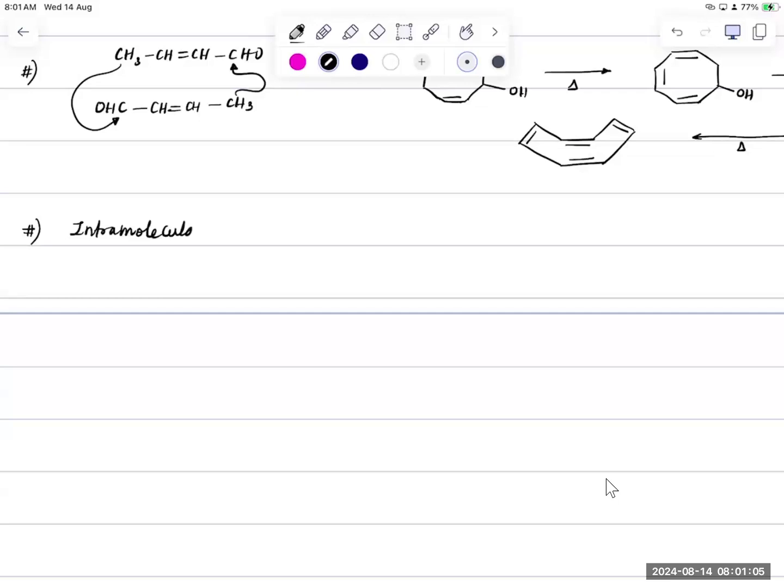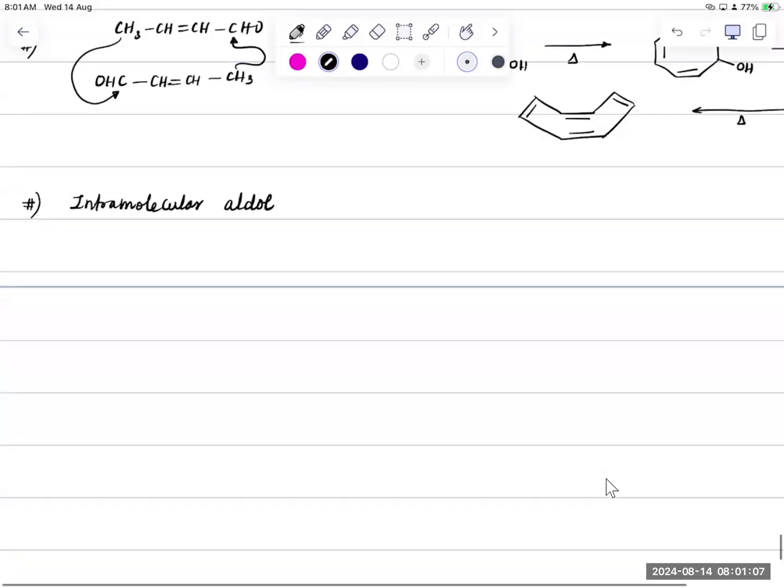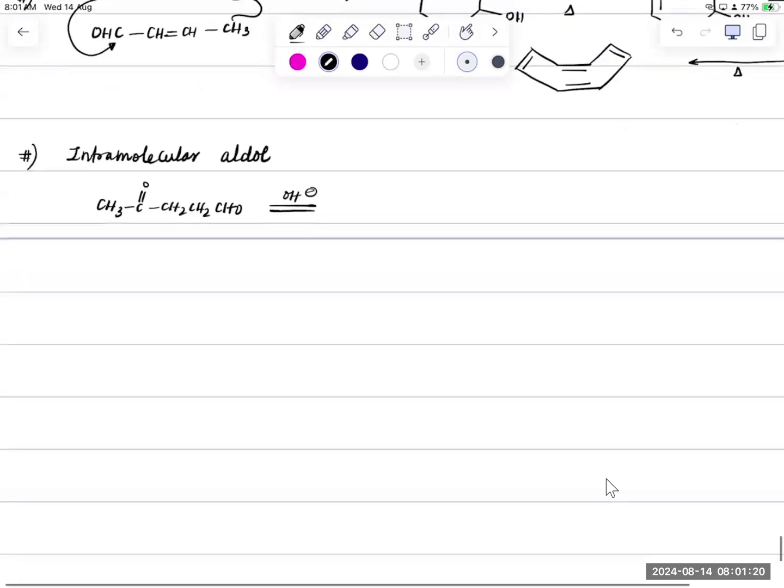Intramolecular aldol. So that includes CH3-C=O-CH2-CH2-CHO in the presence of OH minus. I can get two products. One is a 3-membered ring like this with OH. The other one is a 5-membered ring, with OH and a double bond.